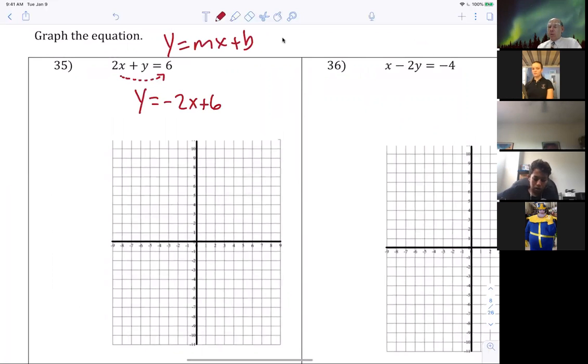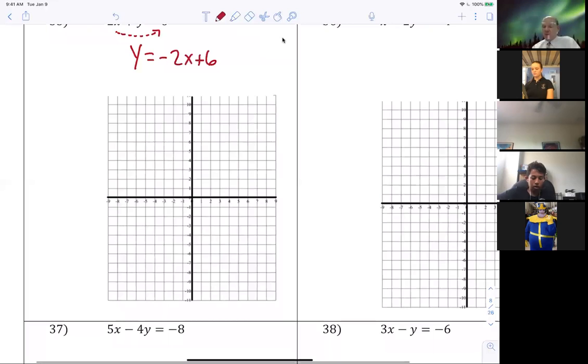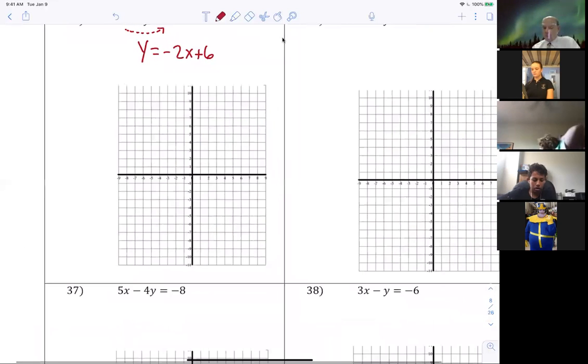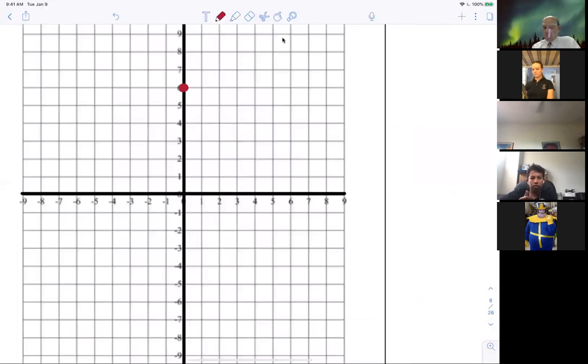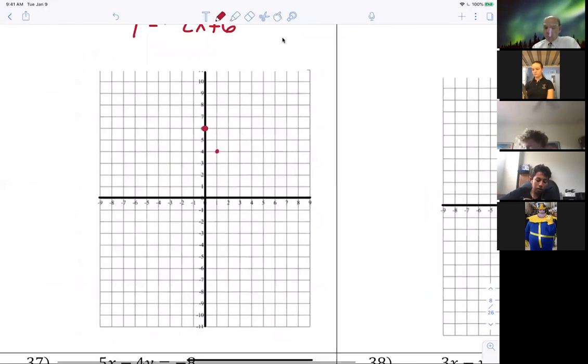Beautiful. All right, y equals negative 2x plus 6, and then graph that for me. Go. Right, and then, yep, simple as that.